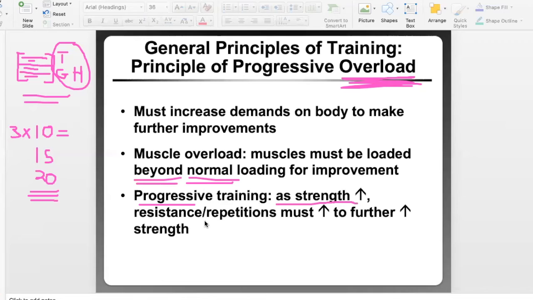So instead of increasing the number of repetitions in that case, what I would want to do is, if my athlete is trying to get bigger muscles and they can already do 3 sets of 10, what I would do is increase the force, increase the weight, so that they can only do 3 sets of 7. And then eventually they'll keep working on 3 sets of 7. That'll get easy for them. They'll be able to do 3 sets of 8, 3 sets of 9. And then I increase the weight again so that they can only do 3 sets of 7.